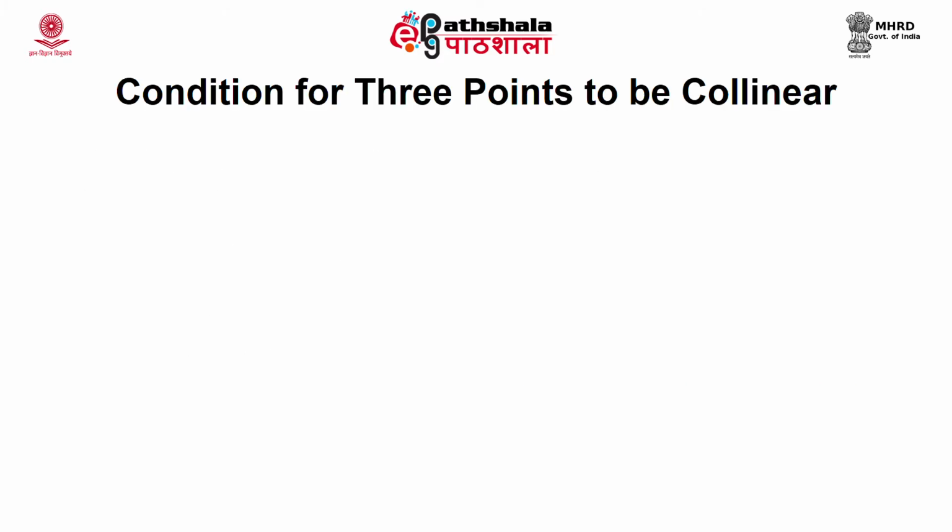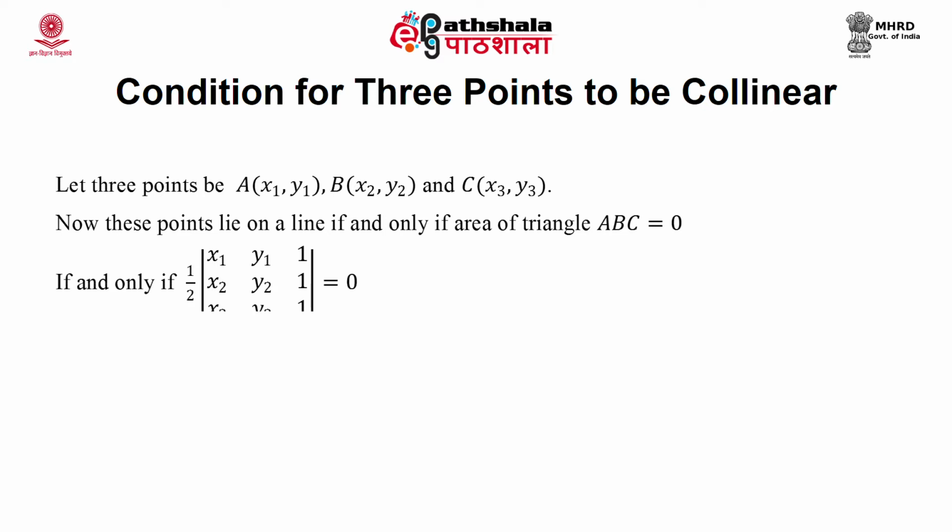Now the condition for 3 points to be collinear. Let 3 points be A x1 y1, B x2 y2 and C x3 y3. We have to find a condition so that these points are collinear. These points lie on a line if and only if the area of triangle ABC is 0.